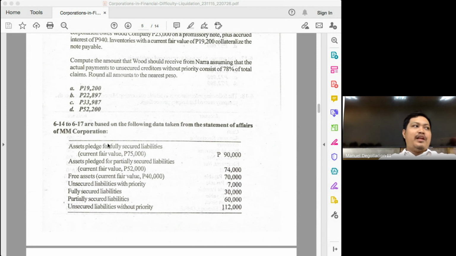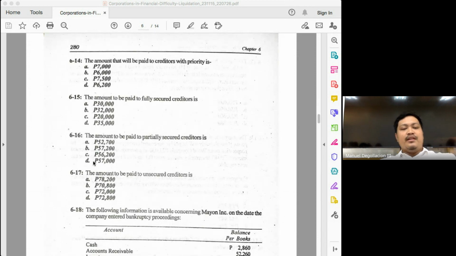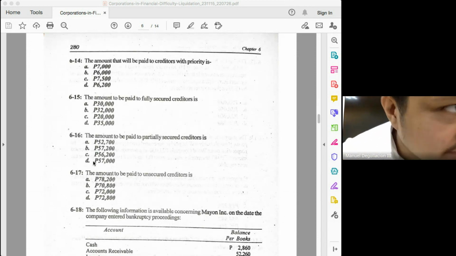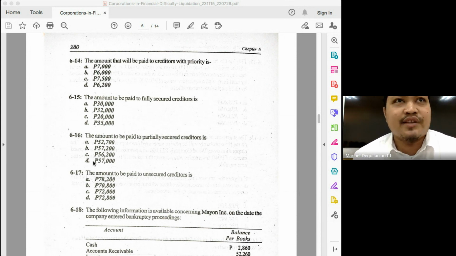So we have our numerator and denominator already. We can already solve for the recovery rate. How much was the numerator? 78 divided by 120. How much will that give you? A 65%. Okay. So we can already solve for problem 6-16 and 17. Let's start with 6-17 because it's very straightforward. What do we need to do to answer 6-17 class?